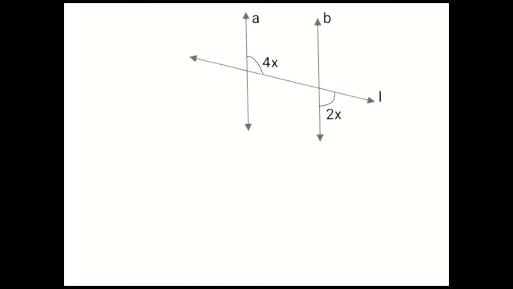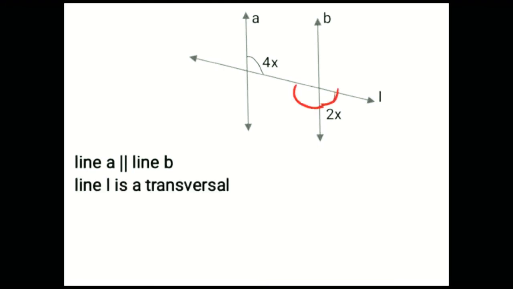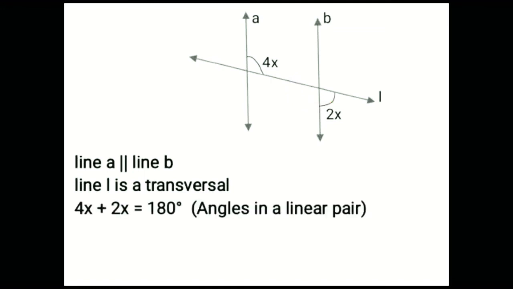So this way you have to solve. In the question, what is given, you have to write that. Line A is parallel to line B. Line L is a transversal. Okay. Now add this: 4x plus 2x. 4x plus 2x is equal to 180 degree.